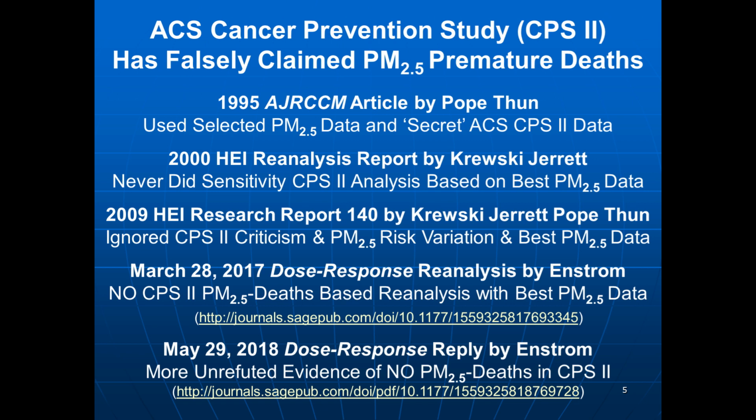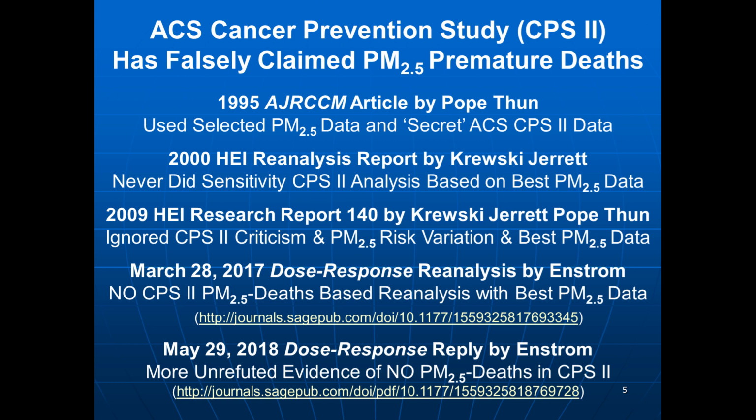This was reanalyzed by a Canadian group led by Krusky in 2000 by the Health Effects Institute. It never did the sensitivity analyses that were required to really do a proper reanalysis. In other words, all they did was show that if you do exactly what the authors did, you get their answer.